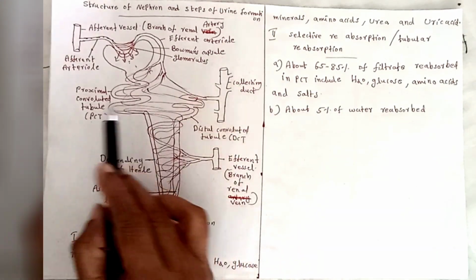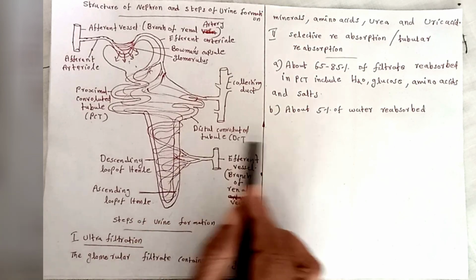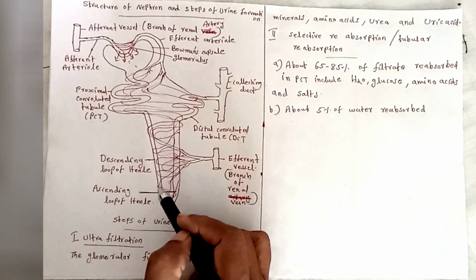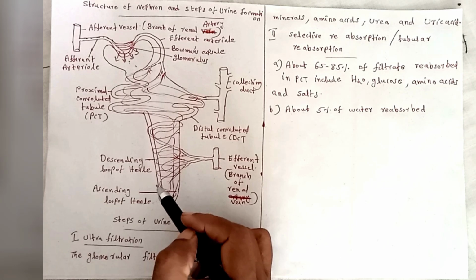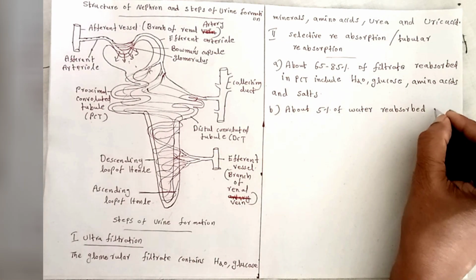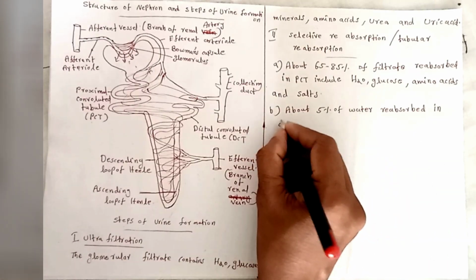This reabsorption means these materials enter into these blood capillaries. That means reabsorption. About 5% of water is reabsorbed in the descending limb.